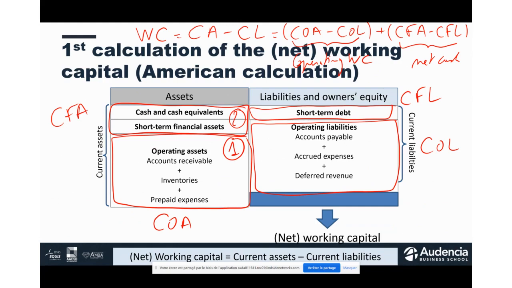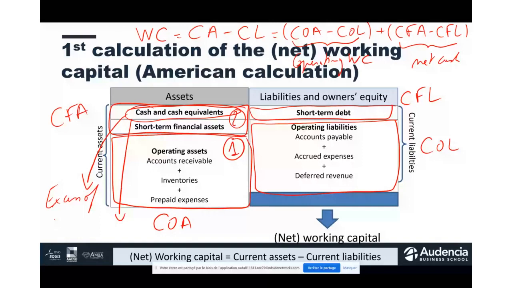In reality, in the cash and cash equivalents, in the US, they separate two kinds of cash: the excess cash and the cash needed by operating activities.